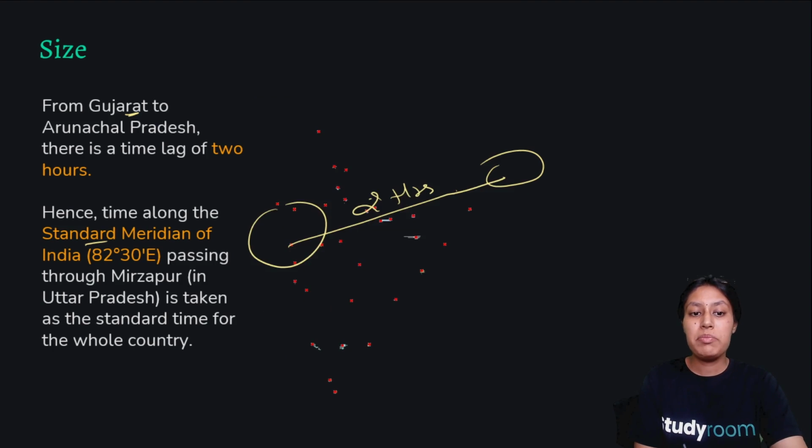Because the standard meridian of India passes through Mirzapur, Uttar Pradesh, and it is taken as the standard time for the whole country. So that's why there is a lag of 2 hours.